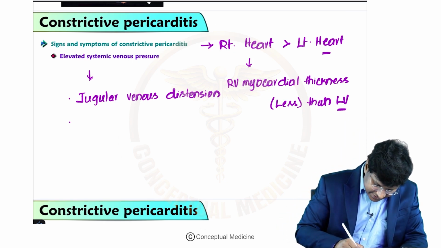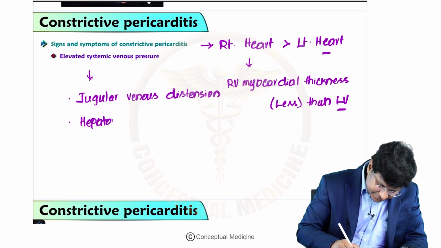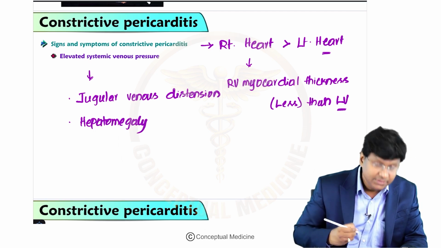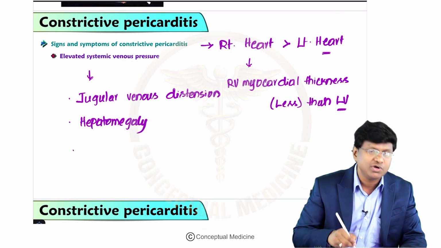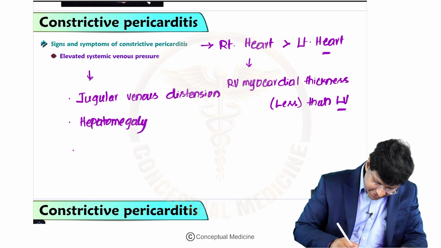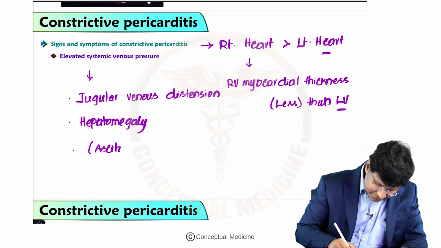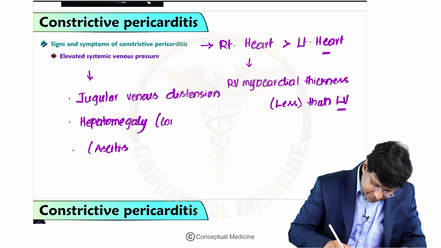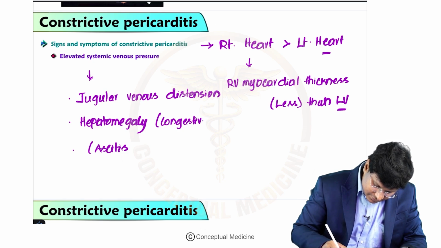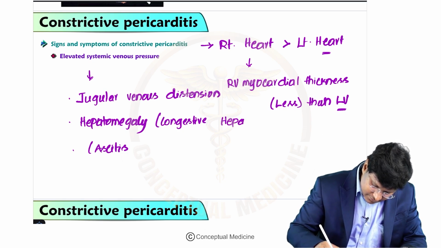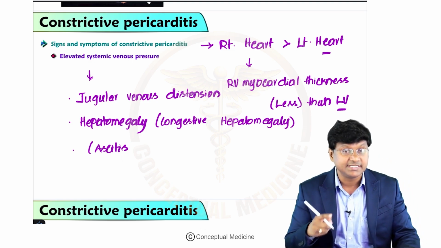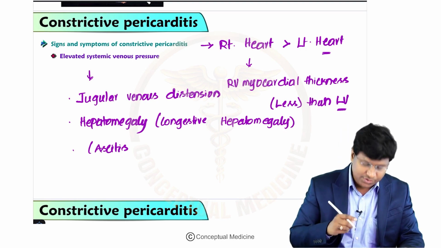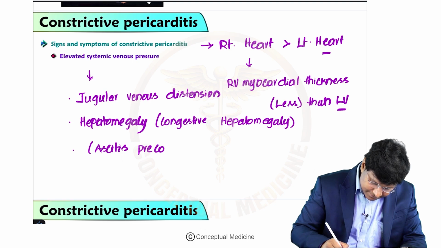So accordingly, there will be hepatomegaly, and because of this hepatomegaly, let me tell you, they will have ascites. So there will be basically cirrhosis of liver. We call this congestive hepatomegaly, and because of this you have what is called ascites precox.